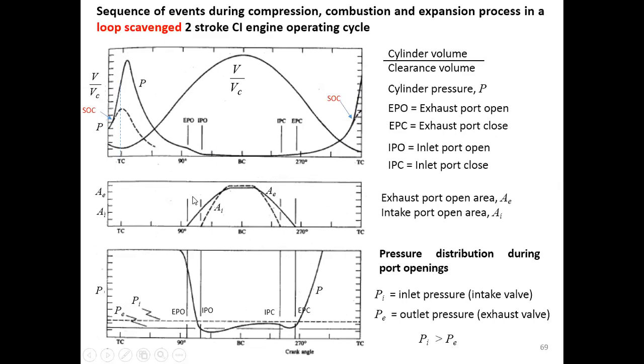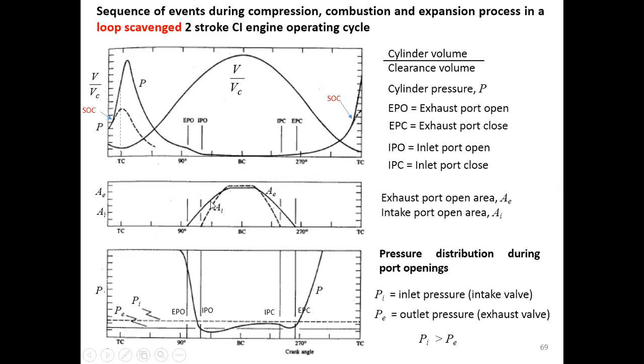The second diagram down here shows you how the area of the port, whether exhaust or intake, opens according to the crankshaft motion. Start from here: the exhaust port opens. You can see that when the port opens, it opens gradually. It will not open sharply like this.